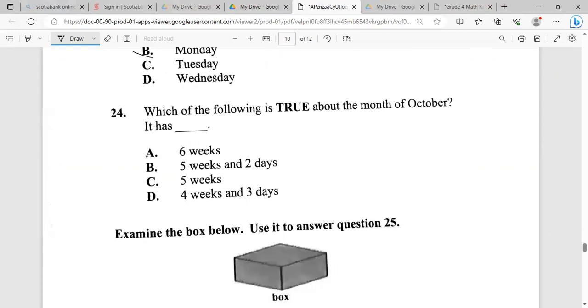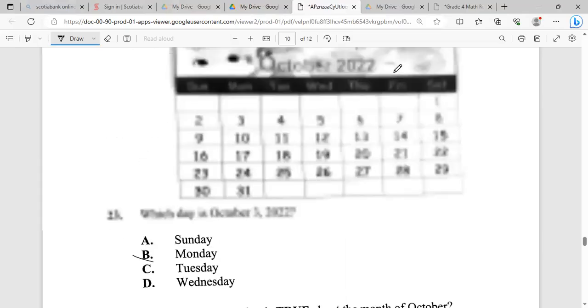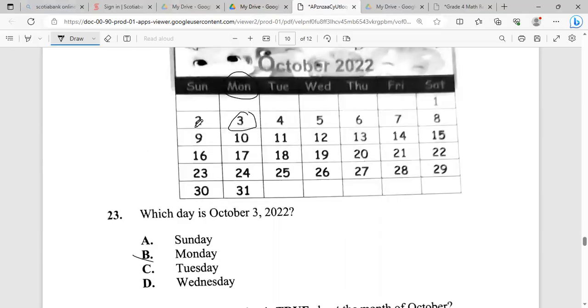Which of the following is true about the month of October? It has 6 weeks, 5 weeks, 2 days, 5 weeks. Let me check it again, yeah. That has 6 weeks. 1, 2, 3, 4. 2 days here, so an additional, yeah.